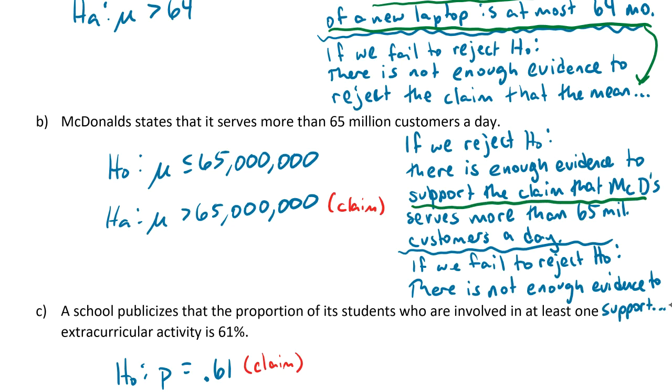So to support the claim that McDonald's serves more than 65 million customers a day, that part's all going to be the exact same. The only difference is this word not.